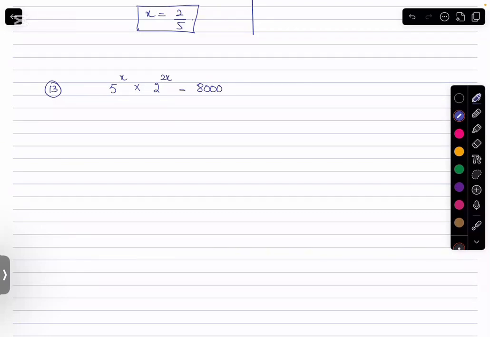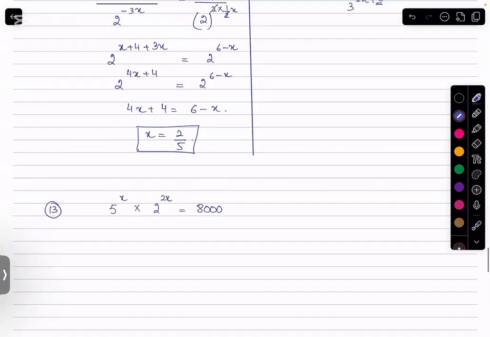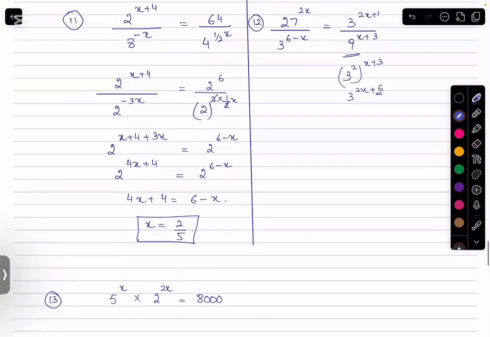The answer is 1/7. The answer is 1 by 7. So the answer here needs to be the 1 by 7.